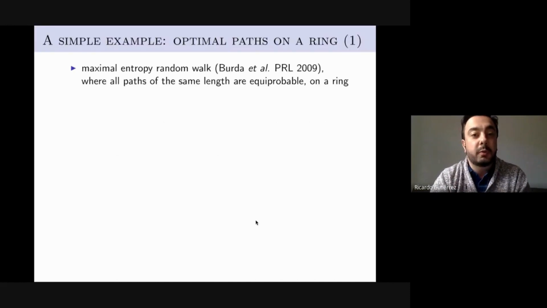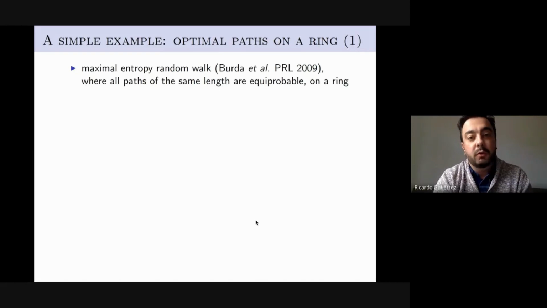So we're going to consider one type of random walk, which is called the maximal entropy random walk. I don't want to explain it in detail because it's a modification of a random walk where basically the transition rates depend on the eigenvectors and eigenvalues of the adjacency matrix of the graph.